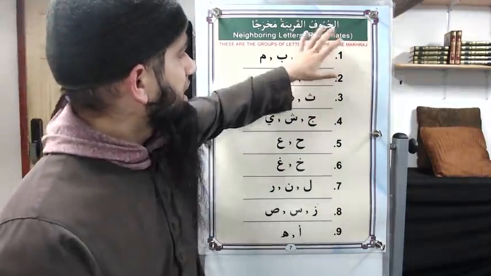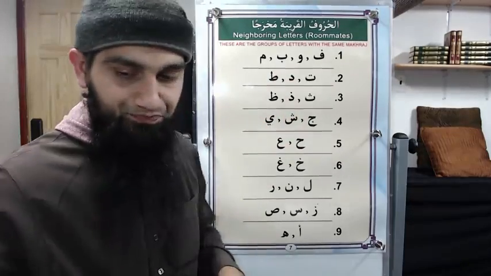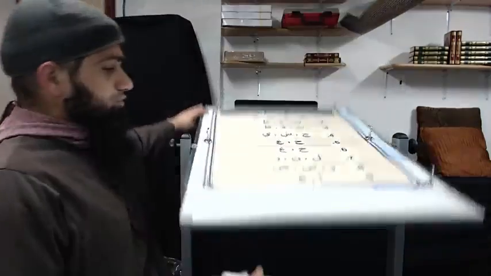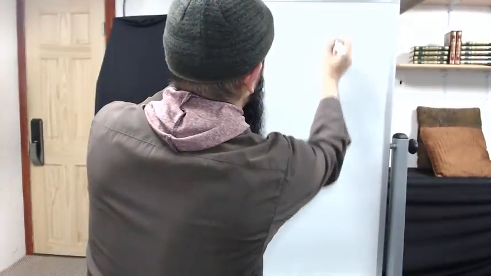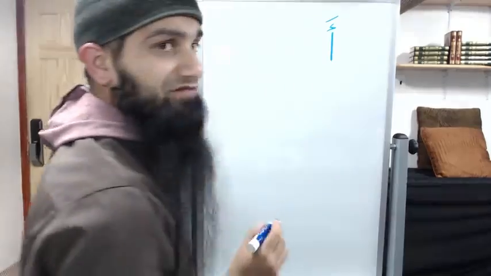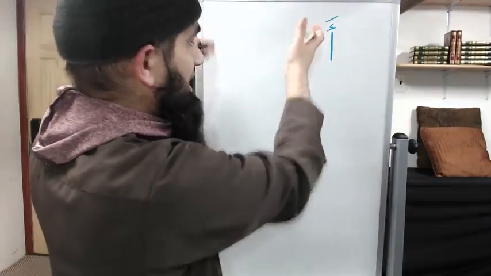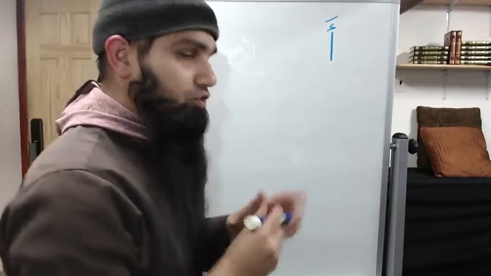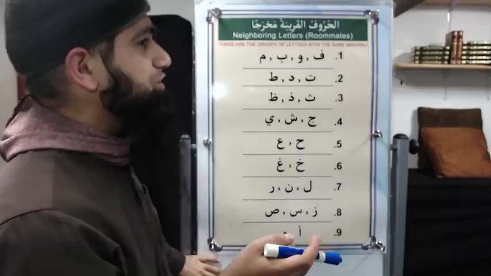To produce the sounds of these letters, what we are going to do is place Hamza Fatha before the letter, which is the A sound. We take the A sound and apply it to each of these letters.